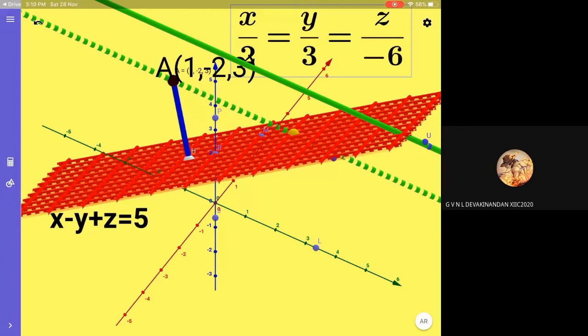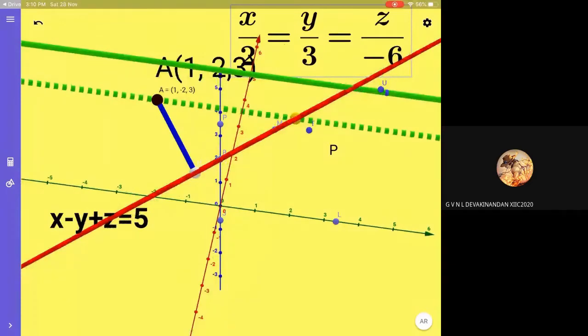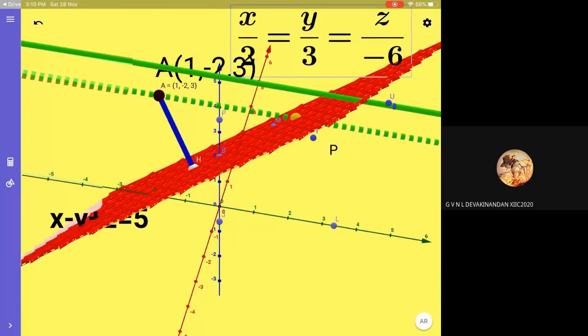You can visualize it. Now I have drawn one perpendicular distance also from A to the plane, which is shown with a blue colour line segment. You can visualize it, children, that blue colour line segment is the perpendicular distance from the point to the plane.